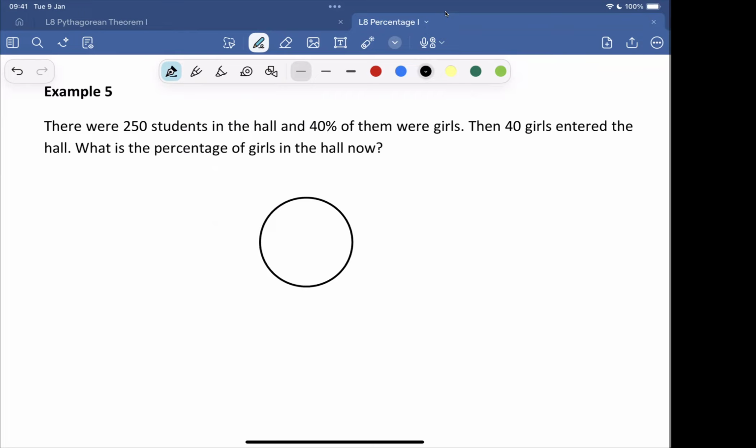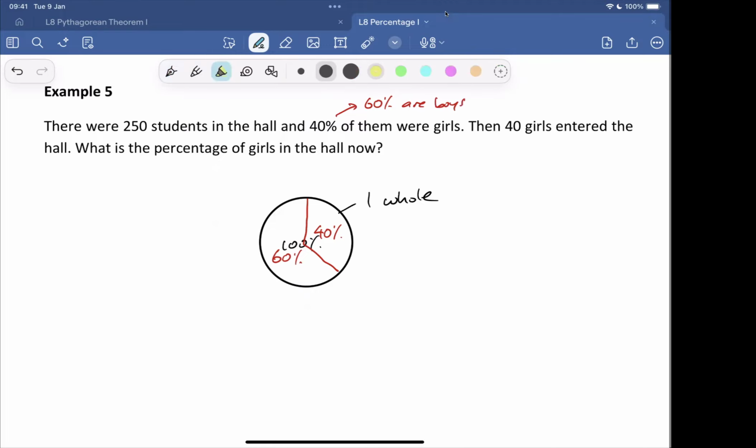One whole is how many percent? 100%. Yep. If 40% are girls, how many percent are boys? 60%. Correct. That means 60% are boys.